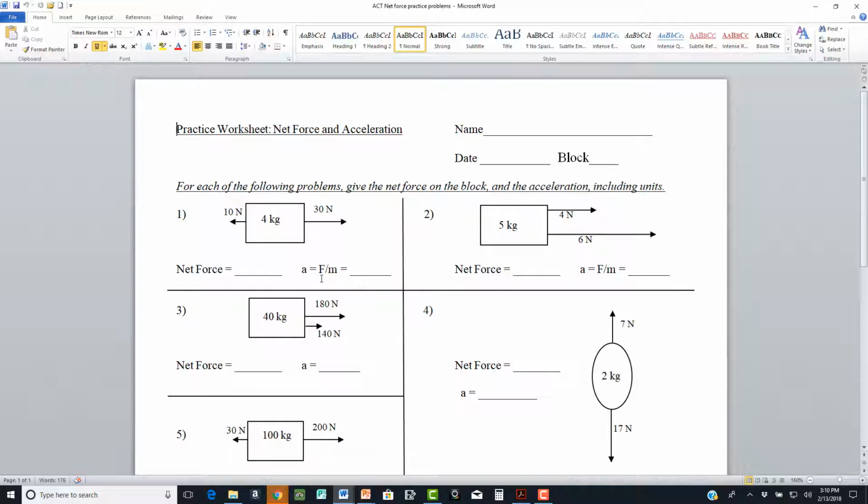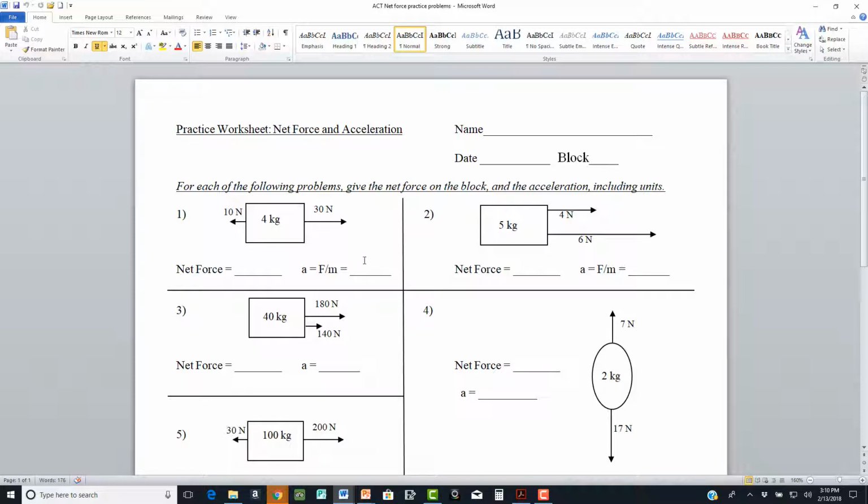Then, with the information of the net force and the mass, I want you to calculate the acceleration using the triangle that I showed you earlier. So again, calculate the net force using the information here, and then once you've calculated the net force, apply that to the triangle that we showed in the notes that you looked at a little bit earlier.